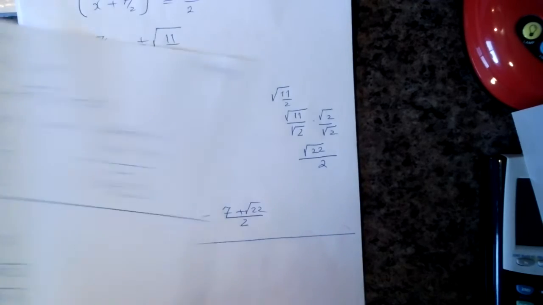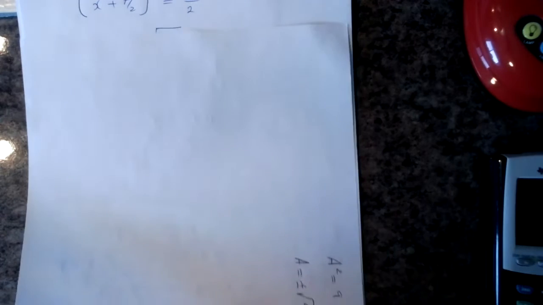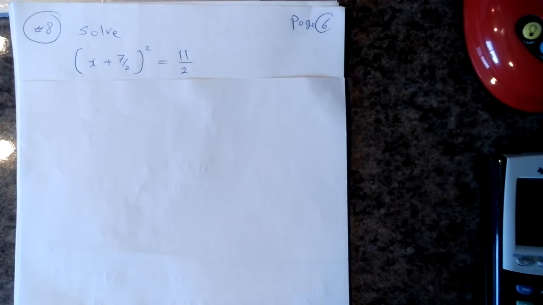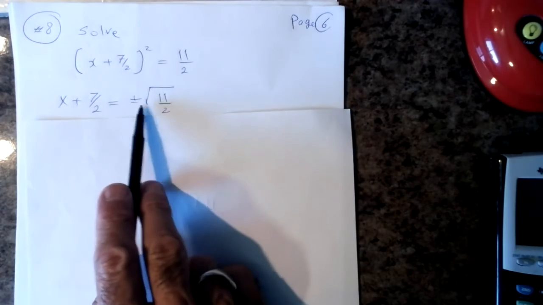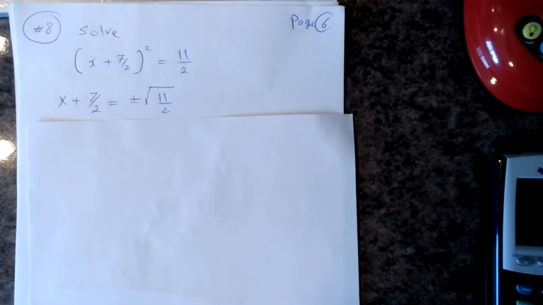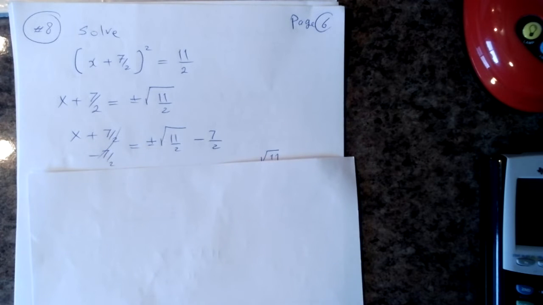This is another one, more complicated because you have fractions on this side, but it would be plus or minus radical that. Then I subtract 7/2, or take it to the other side.